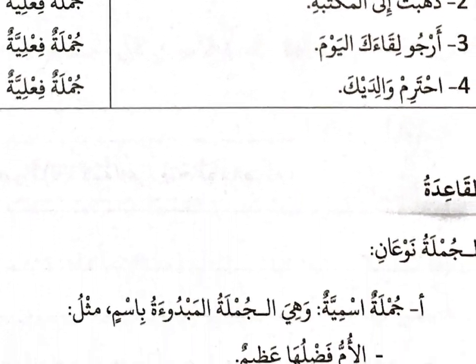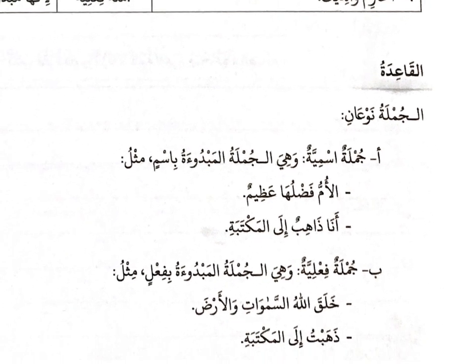And finally, we look at the qaida, the grammar rules. The rule says: al-jumlatu naw'an. In Arabic, the sentence has two types. The first is called jumlatun ismiyatun, a nominal sentence. So what is jumla ismiya?